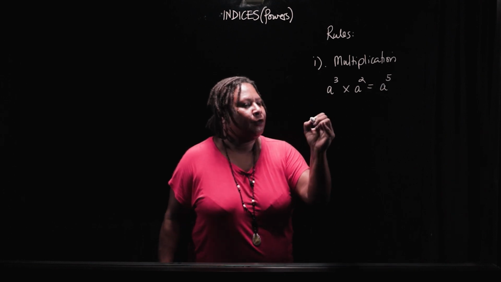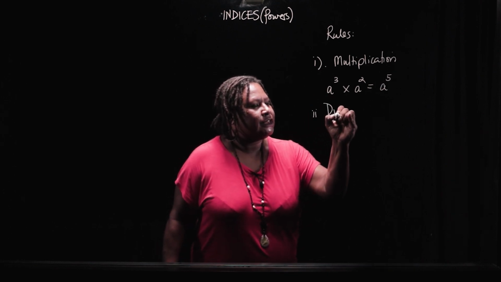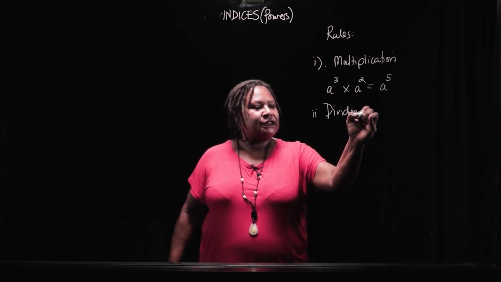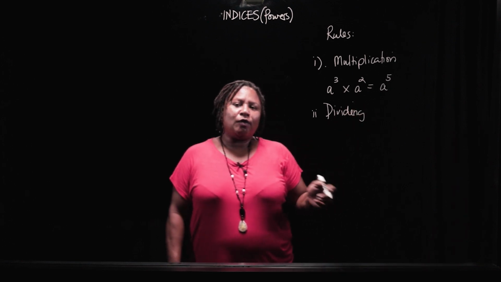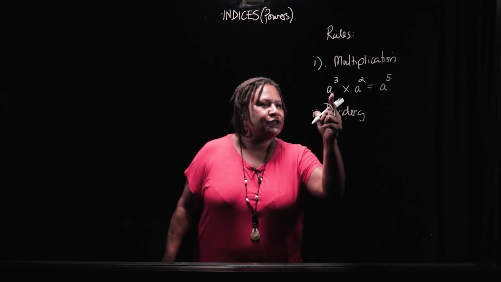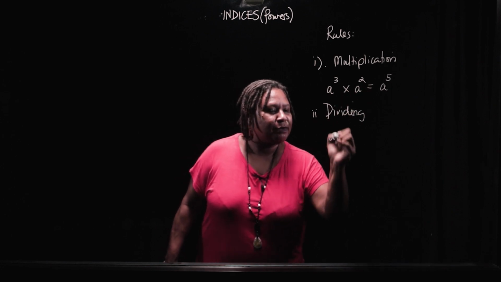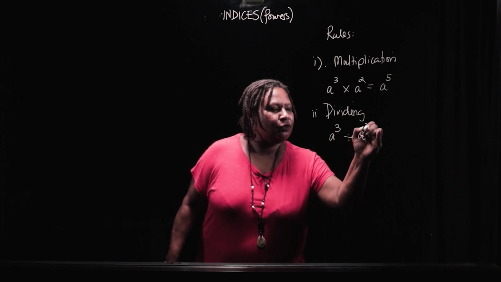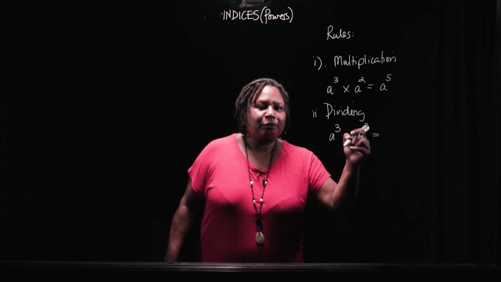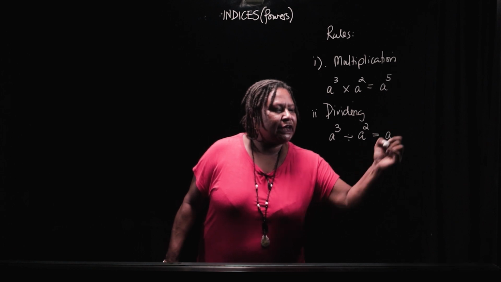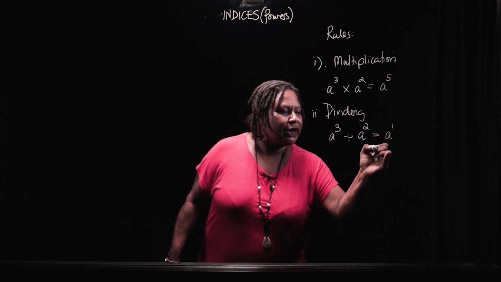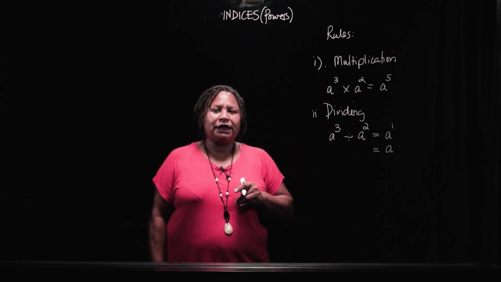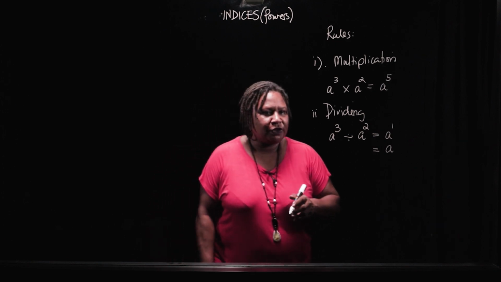When we divide indices, we subtract the powers. Using the same example, a to the power of 3 divided by a to the power of 2, we subtract the indices, so we end up with a to the power of 1, or we simply write the answer as a. So that is multiplication and division of indices.